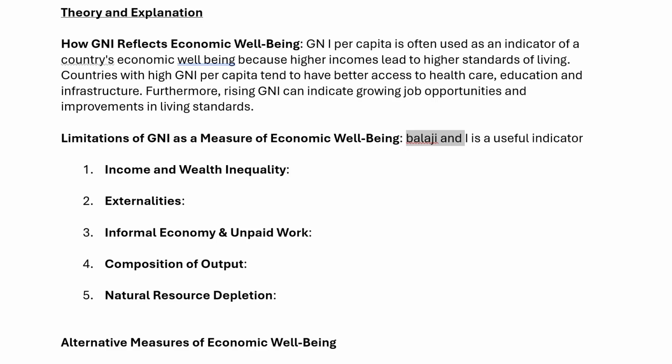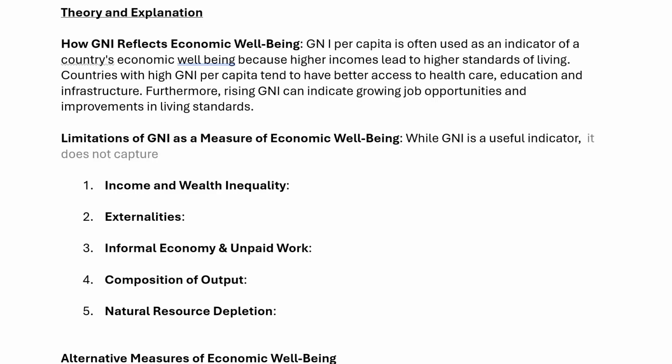Okie dokie. While GNI is a useful indicator, it does not capture all aspects of well-being. Other considerations include income inequality. GNI per capita is an average measure and does not reflect income distribution.